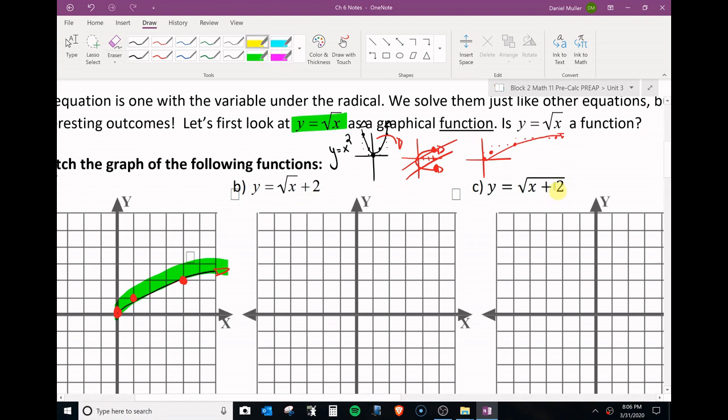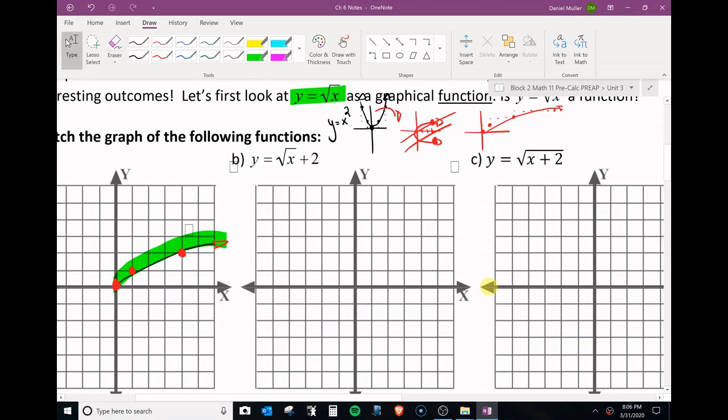Versus having the plus happen inside of the square root. So this 2 is inside the square root, being plussed, as opposed to here where it's outside of the root symbol. And because this is outside, that means we're going to move this thing up. So if it's positive, we'll move it up, and if it's negative, we'll move it down.